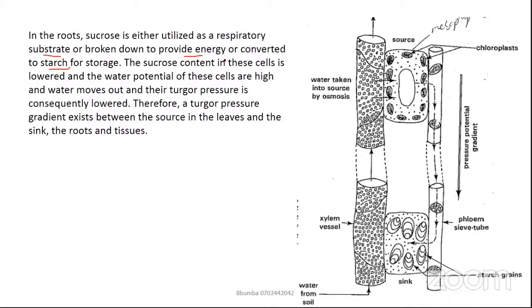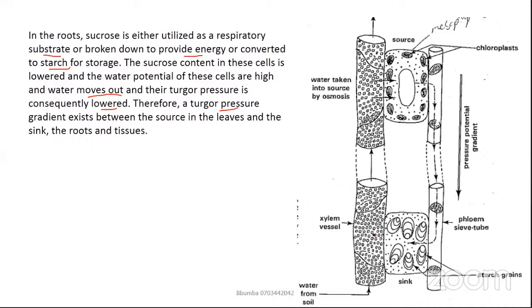The sucrose content in these cells is lowered and the water potential in these cells is high. So water is going to move out, and their turgor pressure is consequently lowered. Therefore, a turgor pressure gradient exists between the source in the leaves and the sink, that's the roots and the surrounding tissues.